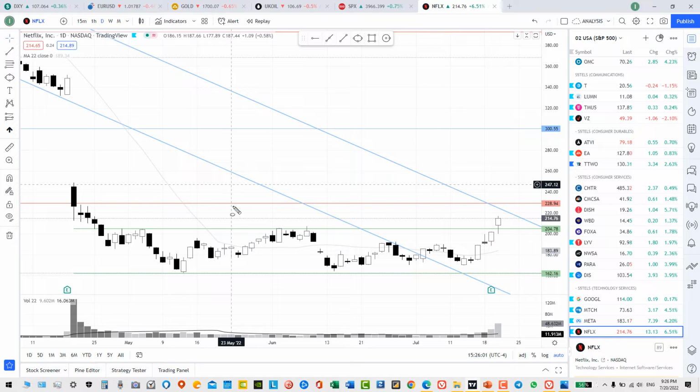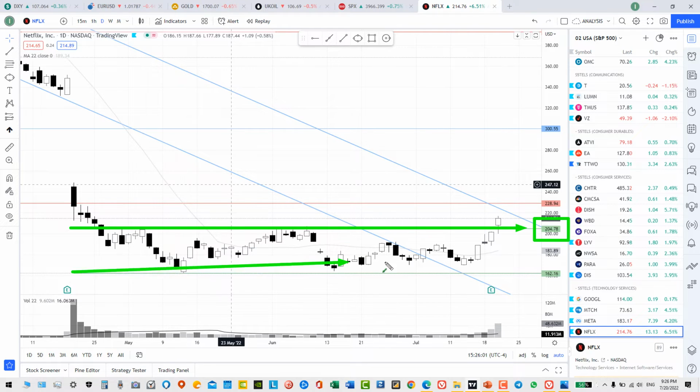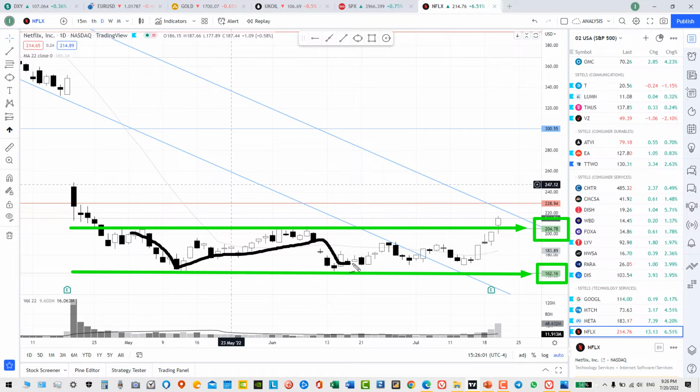The stock was drifting sideways below short-term and psychological resistance around $200 up to 204 or 205, while the support was around 162. The stock was trading sideways, moving within a consolidative phase between the support and resistance.